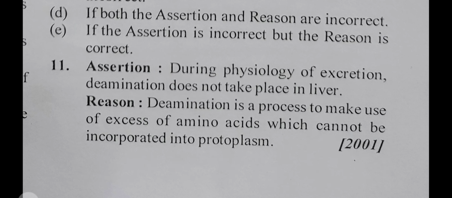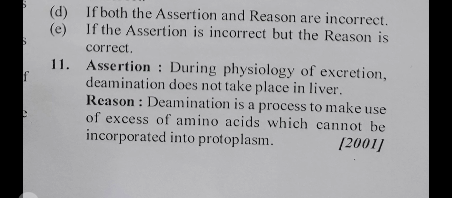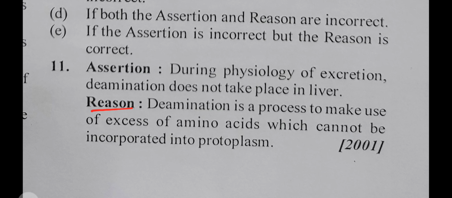Here they have given that it does not take place in liver, so the statement is wrong. The statement given in the assertion is wrong. Now we'll move to the reason. So what is the reason they have given?